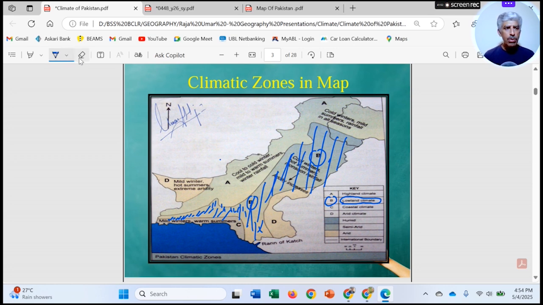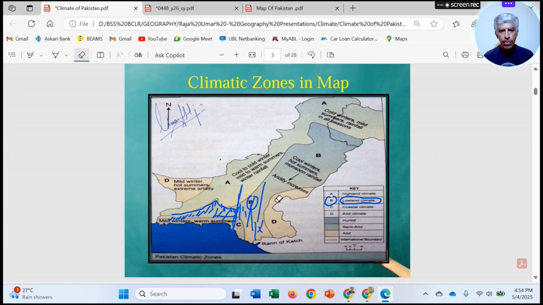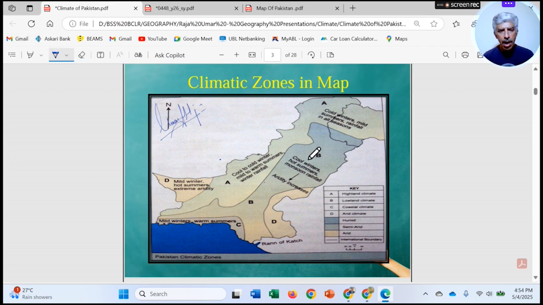But when we talk about this small region, it is being added over here in climatic zone 2, that is the lowland climate. The characteristic of lowland climate is that, as these are plain areas, we observe hot summers over here and cool winters, not really very cold or severely cold.